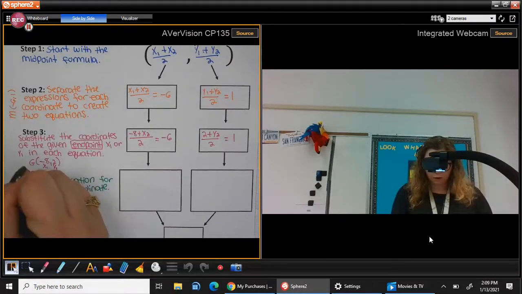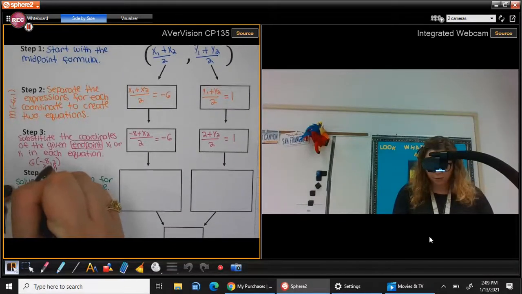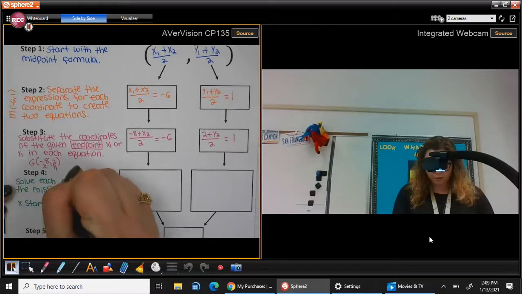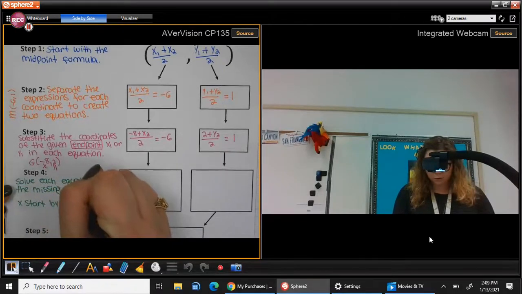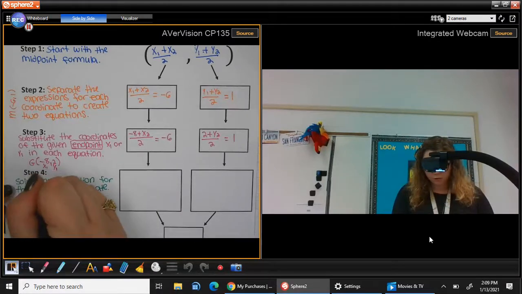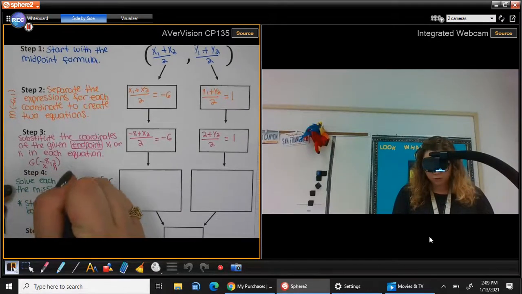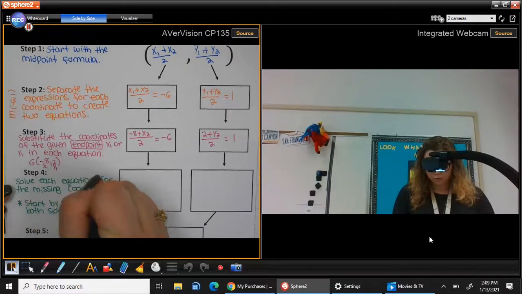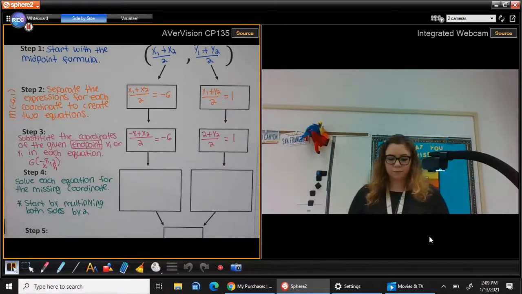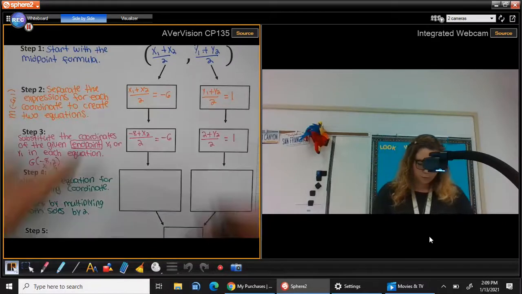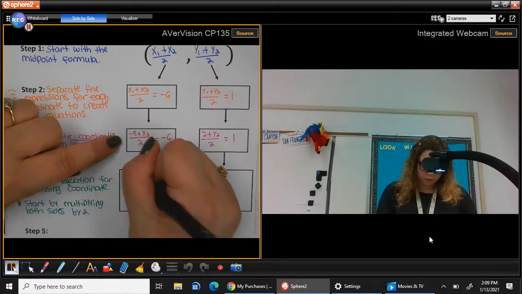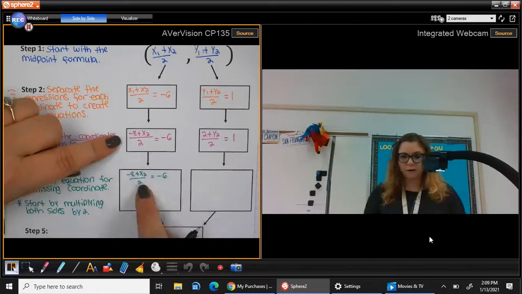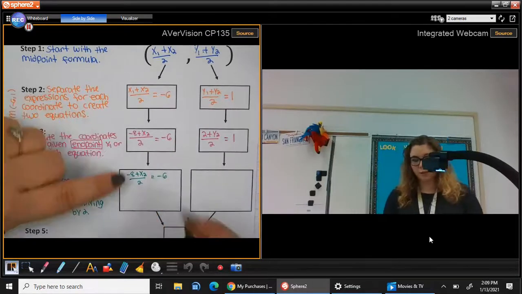Okay, and you're always going to start by multiplying both sides by 2. So to solve, I'm going to multiply both sides by 2 because I don't like fractions.